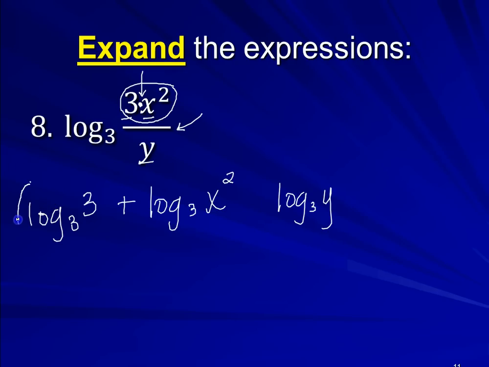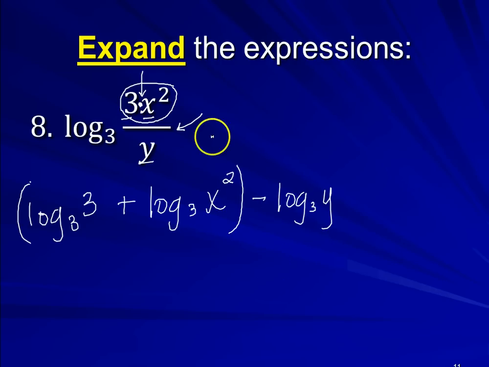Okay, and if it makes more sense to you to put parentheses around them, go for it. They were both on the top, so you can put parentheses around them if you want to. The y is on the bottom. The y was being divided by. So since the y was being divided by, what goes right here before the y? Division turns into subtraction. So minus log base 3 of y.